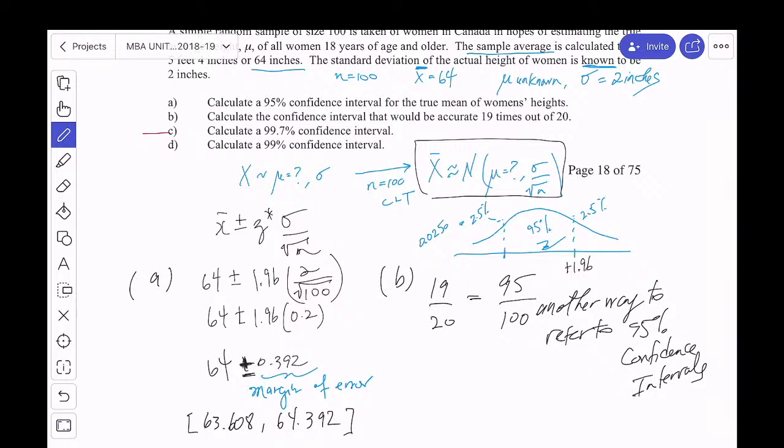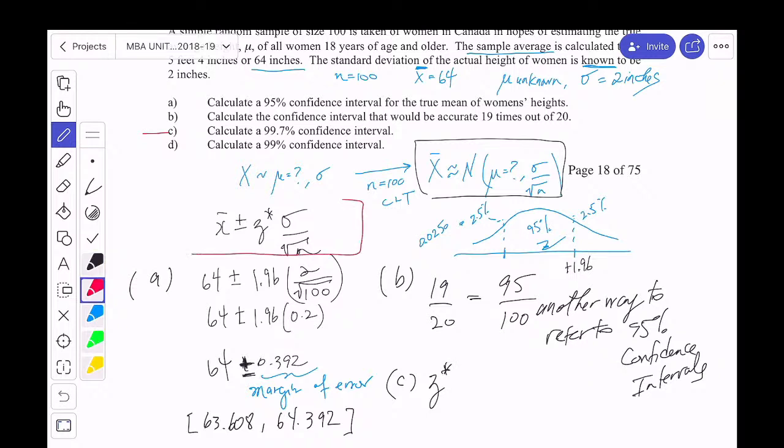No comments? What changes for C? So C, you do the same thing as you did before, but now you're going to use Z star. Everything's the same, just Z star for 99.7%.